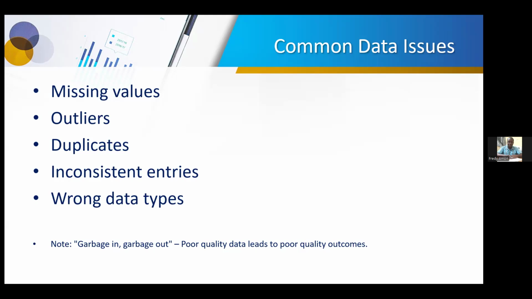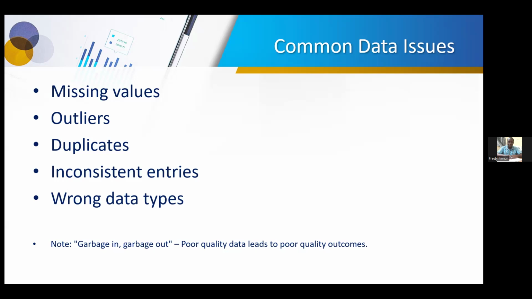So you can have, for example, a column age or a column date, and then someone writes a value such as a name. That will be inconsistent.